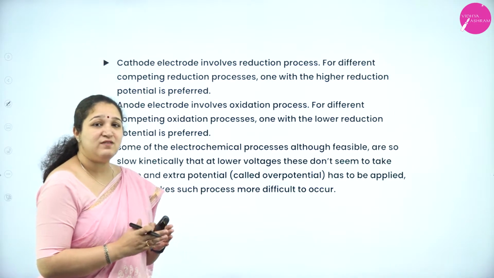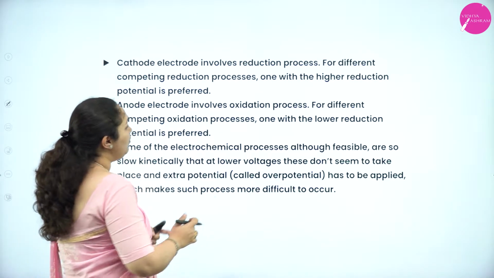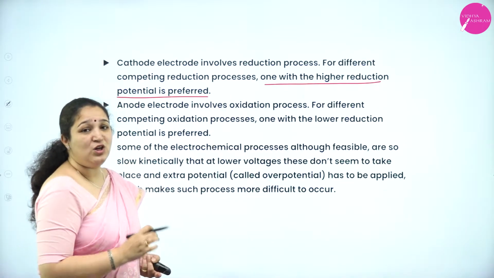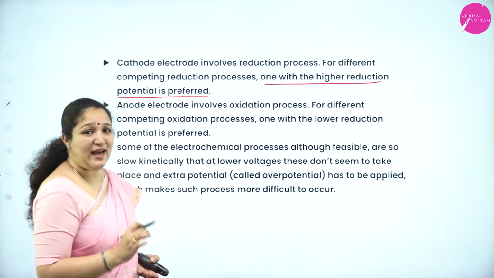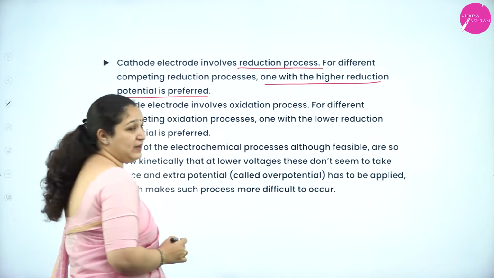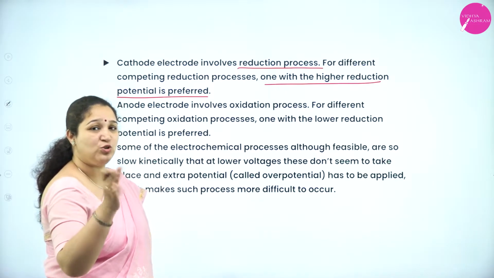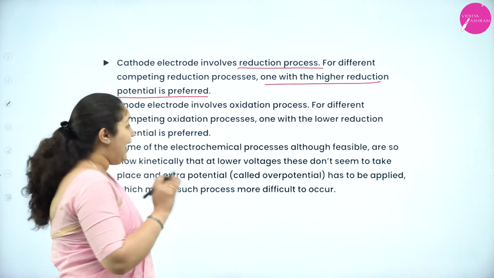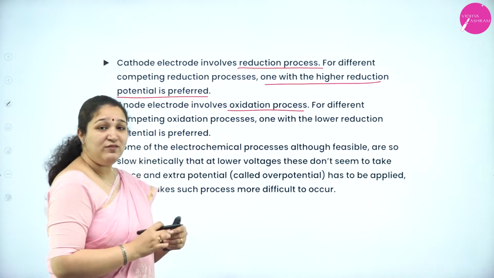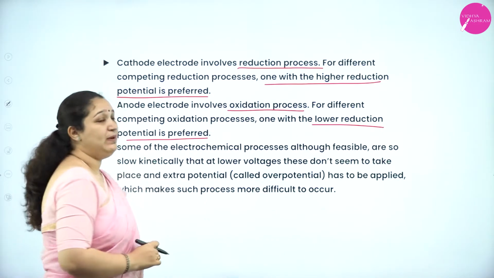So which is the one which is getting liberated at cathode? The one with the higher reduction potential is preferred to be liberated at cathode, because at cathode reduction is happening. We require the ones with the higher reduction potential to be liberated. As at anode oxidation is happening, the one with the lower reduction potential will be preferred.